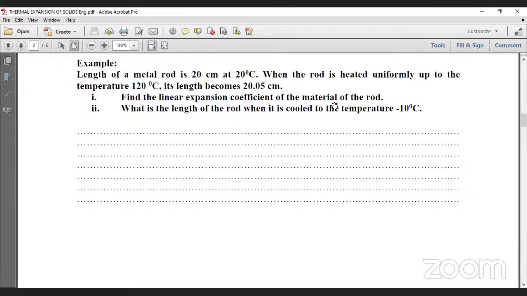Find the linear expansion coefficient of the material of the rod, and the length of the rod when it is cooled to a temperature of minus 10 Celsius.